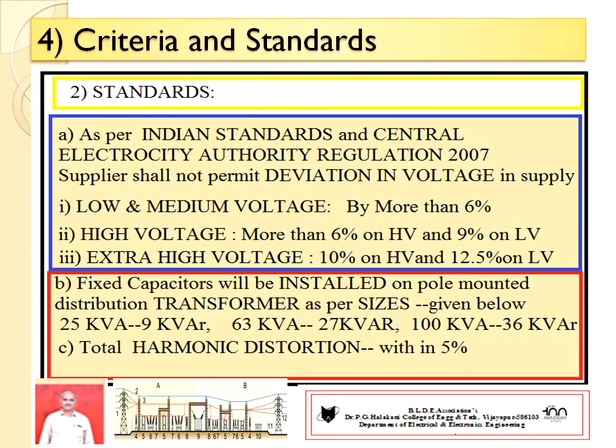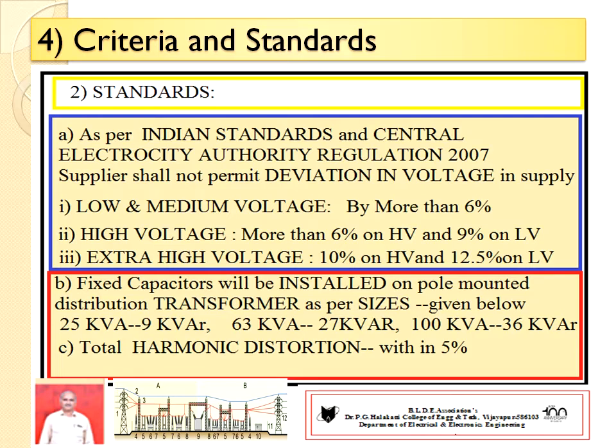These are the standards. That means due to practical problems fluctuations may occur, but they must be within a certain range. If values go above these, then it is a problem to consumers' appliances.